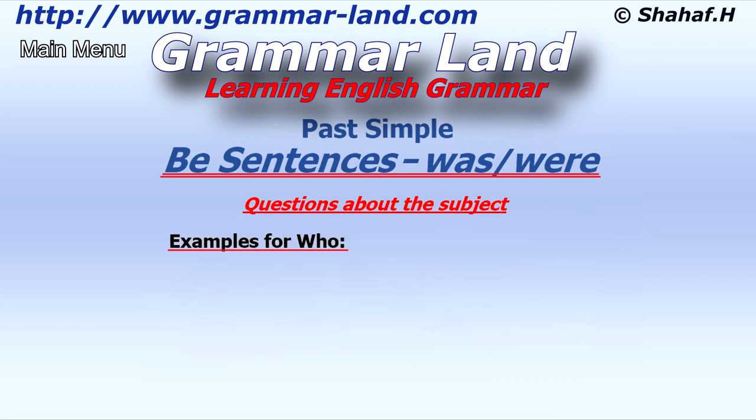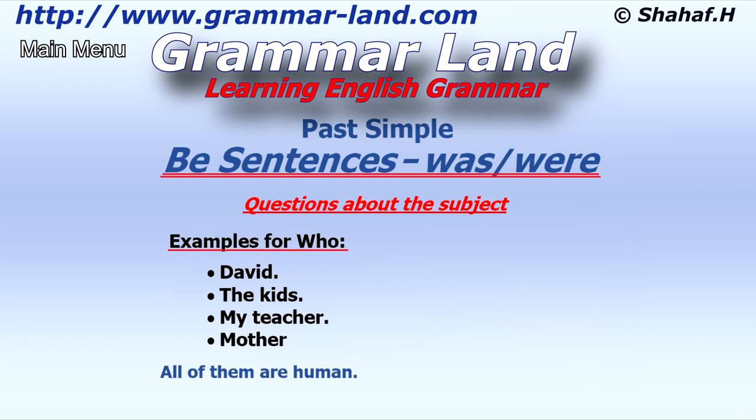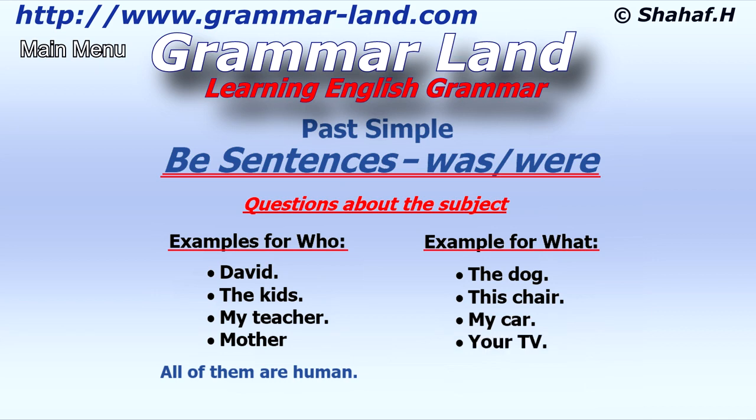Examples for subjects in which we use who: David, the kids, my teacher, mother, and so on. All of them are human. Examples for subjects in which we use what: the dog, this chair, my car, your TV, etc.